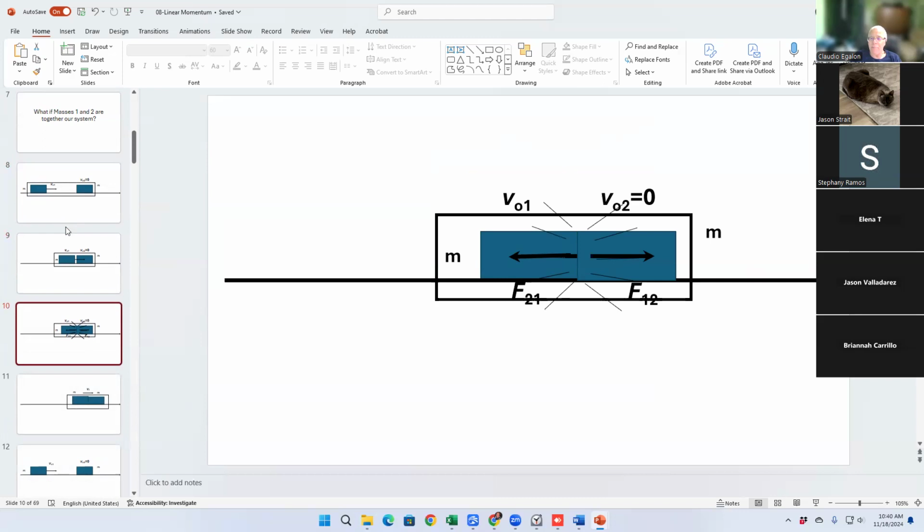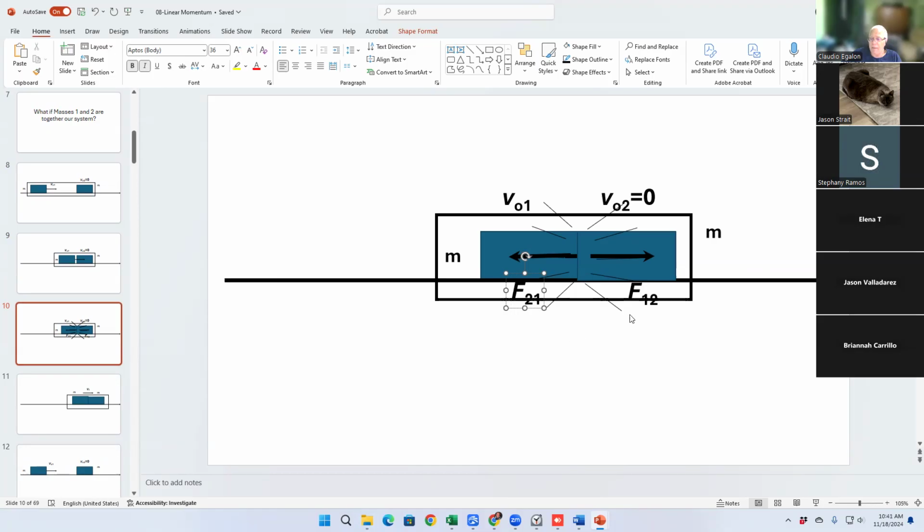But then there is something very important here. The net force applied to the system, the net force applied to mass 1 and 2, is going to be 0 in view of Newton's third law.